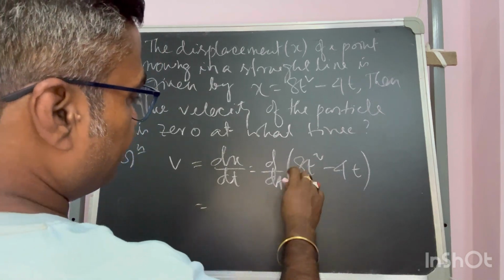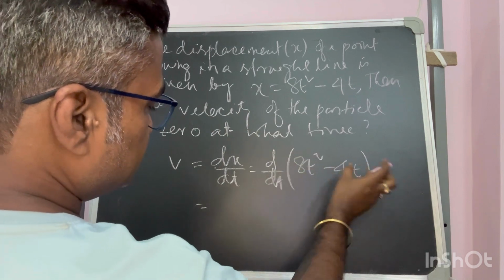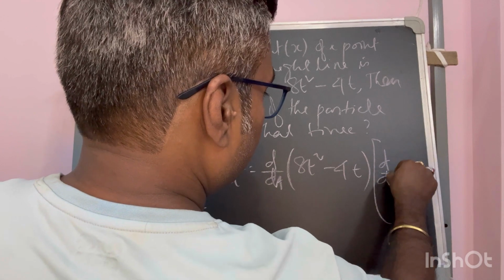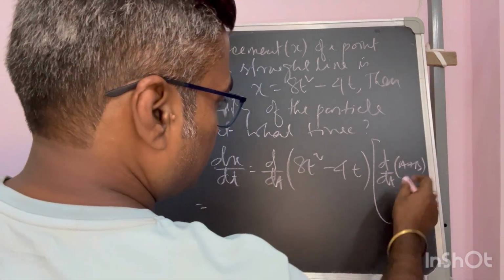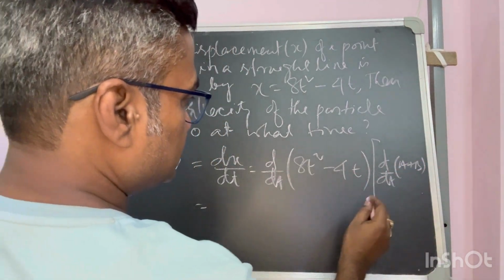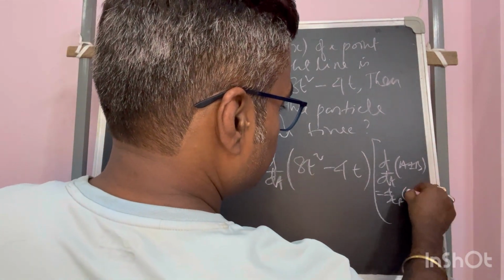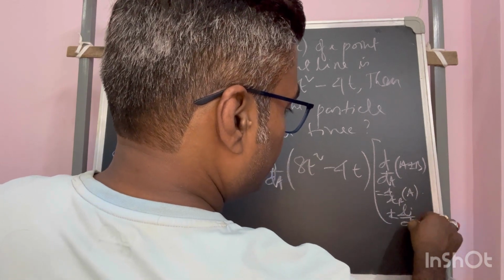The derivative of something plus something or minus something: if a and b are two different terms related in this way, this can be written as derivative of a plus or minus derivative of b.